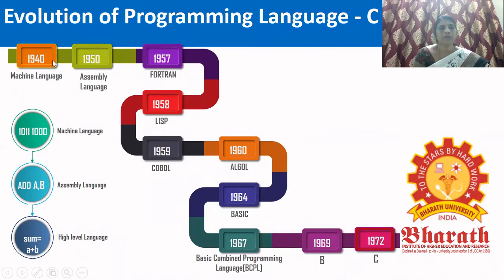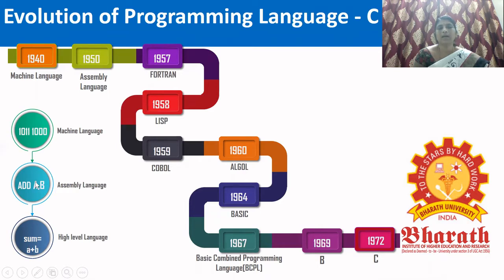In 1940, the machine language came into existence. The machine language is nothing but zeros and ones. It is understood easily by the computer but is difficult for humans. Next, in 1950, the assembly language came into existence.